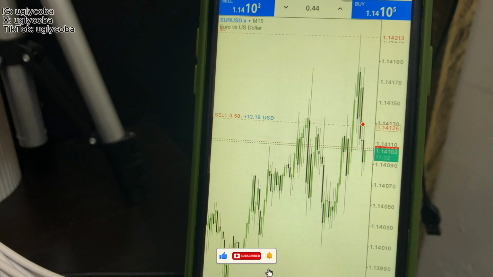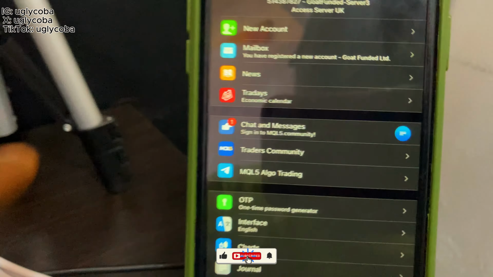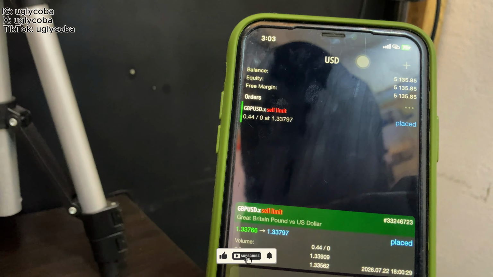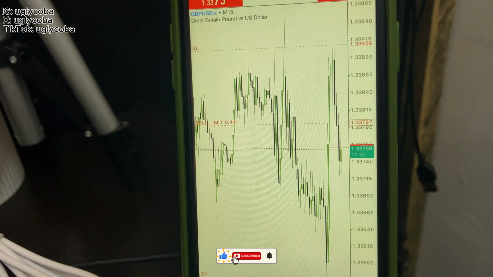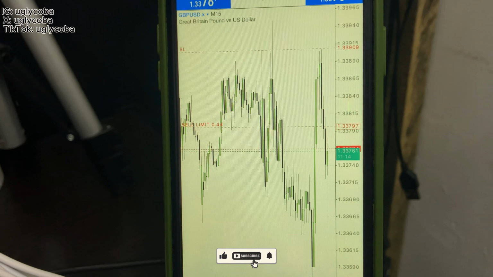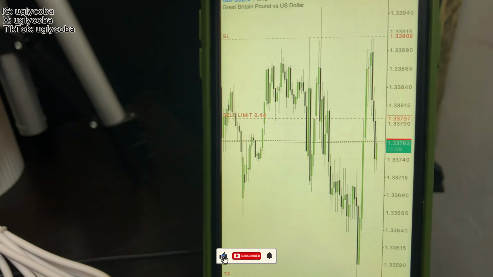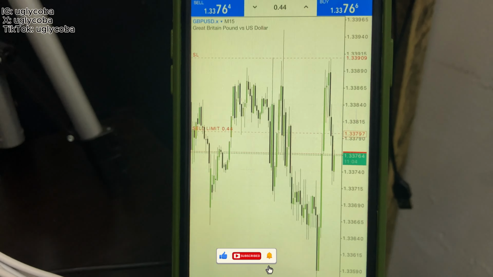And I have a sell limit on GBP USD as well. Let me show you a sell limit on GBP USD on my gold funded 5k account. I have a sell limit here, which I'm waiting for it to be triggered. So I'm in the trade on Euro USD on my 5k account and my 10k live funded account. So I'll keep you updated.